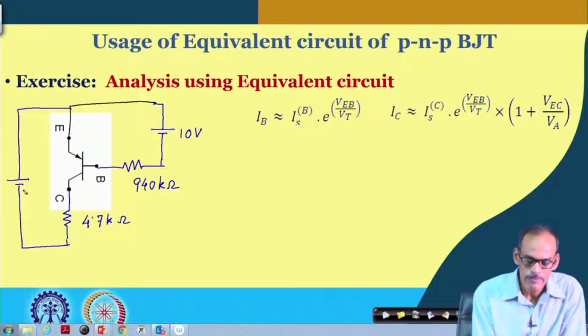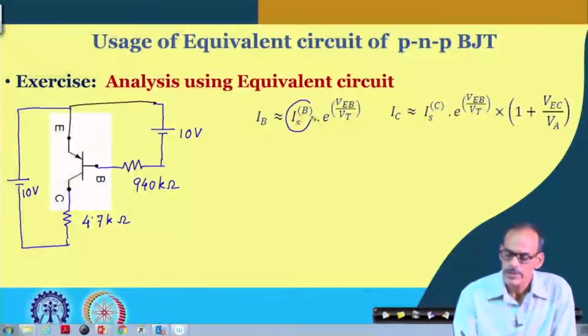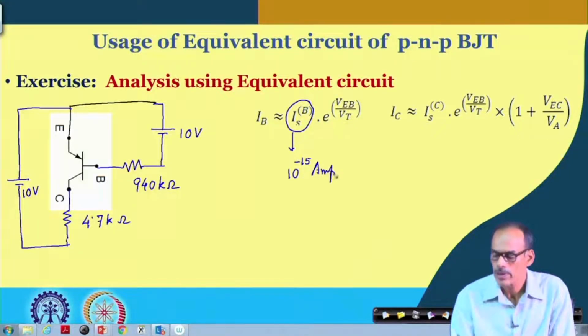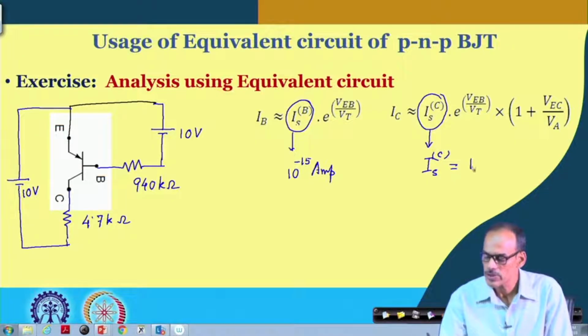All the parameters are similar, and let us consider ISB equal to 10 to the power minus 15 ampere, and ISC, the reverse saturation current for the collector terminal, is 10 to the power minus 13 ampere, and similar to the previous case, let me assume that this is very high.